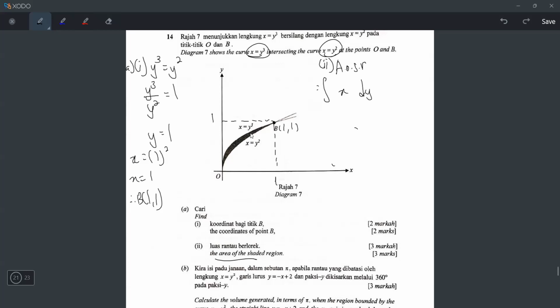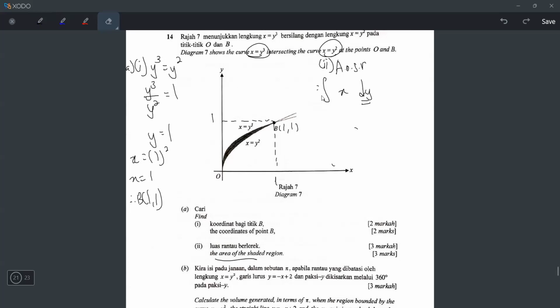And one more thing, if you notice, this shaded region is a floating shaded region. Why I call it floating is because this shaded region doesn't stick at the x-axis and it doesn't stick at the y-axis. It's like floating. And now we are using the y-axis. I already decided on the y-axis, and it's definitely not sticking on the y-axis. It's separate from the y-axis. So what I have to do is take something minus something, or something plus something.